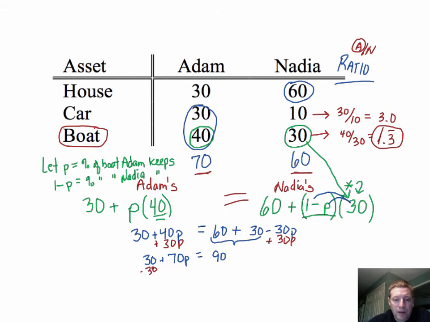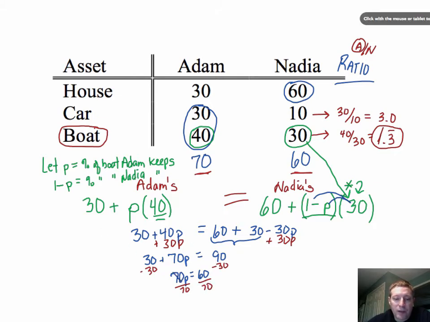So you get a chance to use some of that algebra that you've been practicing and learning for the last several years. If you subtract 30 from both sides, you get 70p equals 60. And the final step would be to divide both sides by 70, and we are finished.